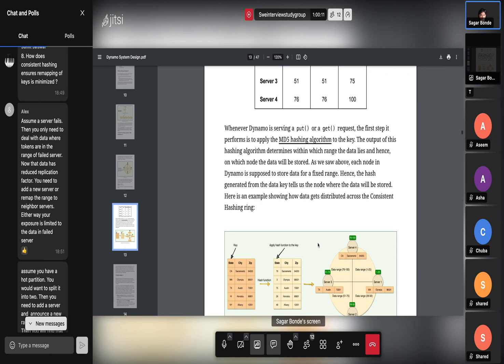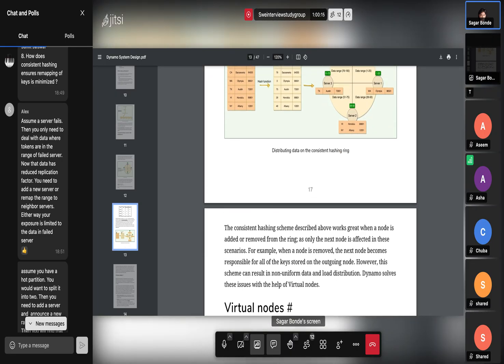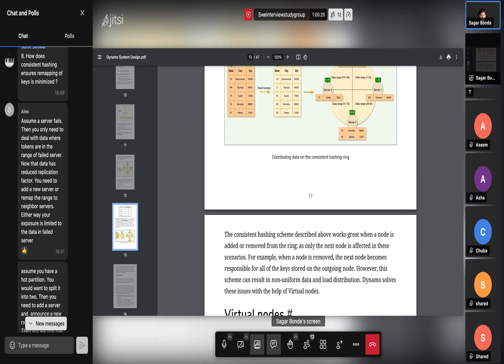So Dynamo is using the concept of consistent hashing. Is there any other problem Dynamo is trying to solve? I'm just trying to understand the difference between these two. Look at consistent hashing as a separate topic.